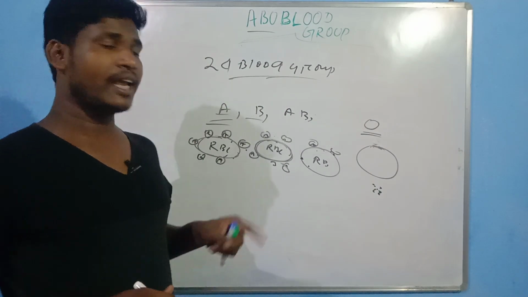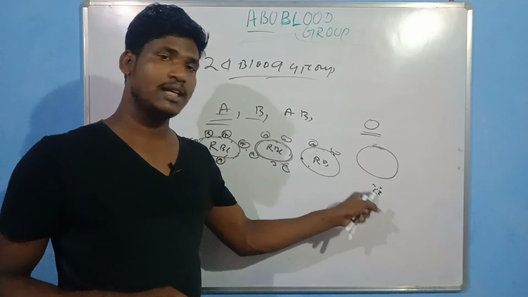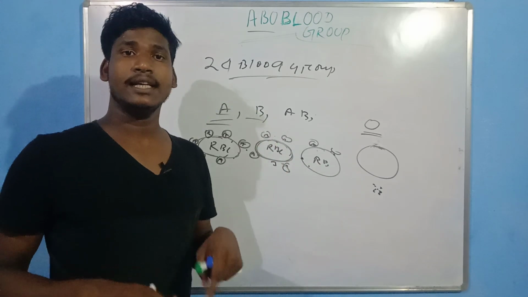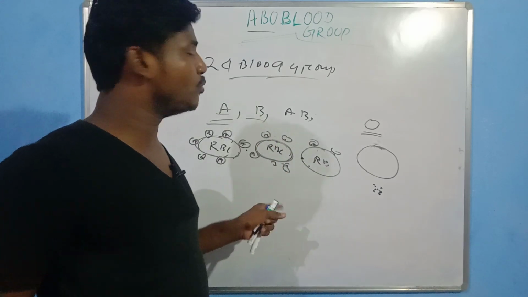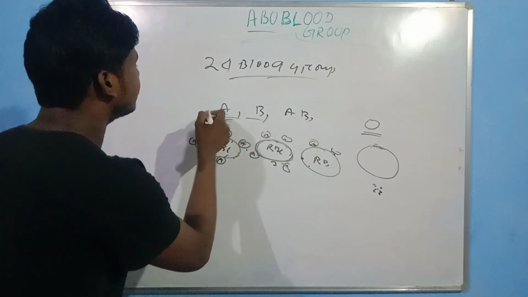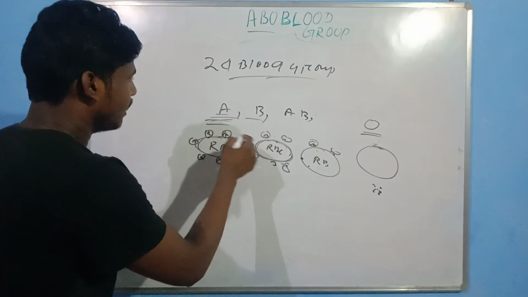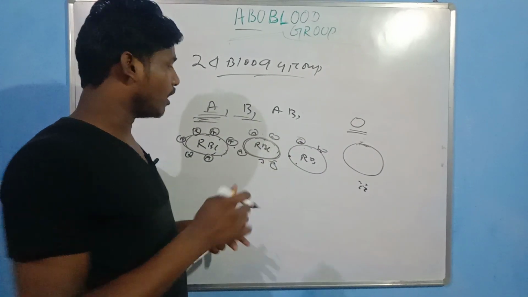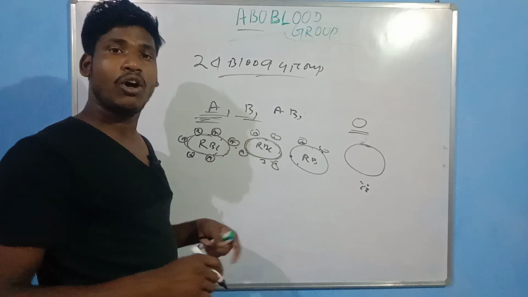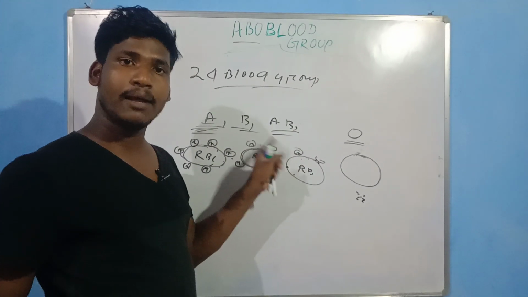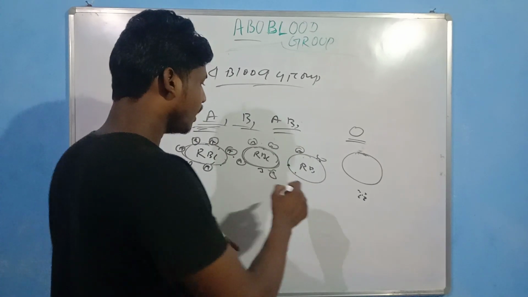The H molecule can be found in every individual, in every blood group. The A blood group contains the A antigen with the H molecule, the B blood group contains the B antigen with the H molecule, and AB contains both A and B antigens with the H molecule.